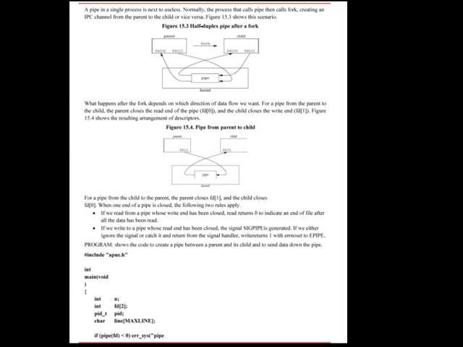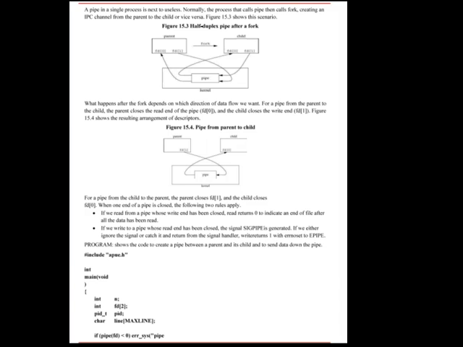When one end of the pipe is closed, the following 2 rules apply. If we read from a pipe whose write end has been closed, read returns 0 to indicate an end of file after all the data has been read. If we write to a pipe whose read end has been closed, the signal SIGPIPE is generated.